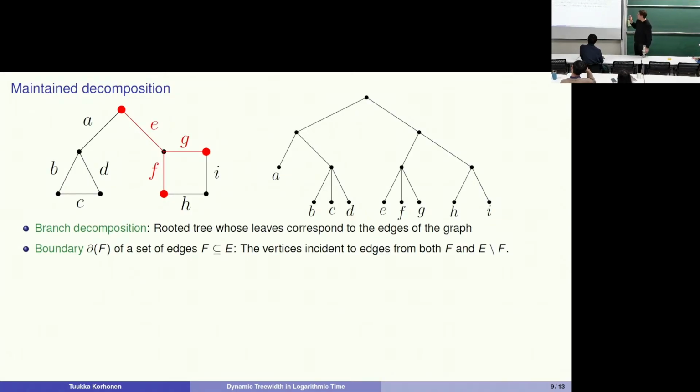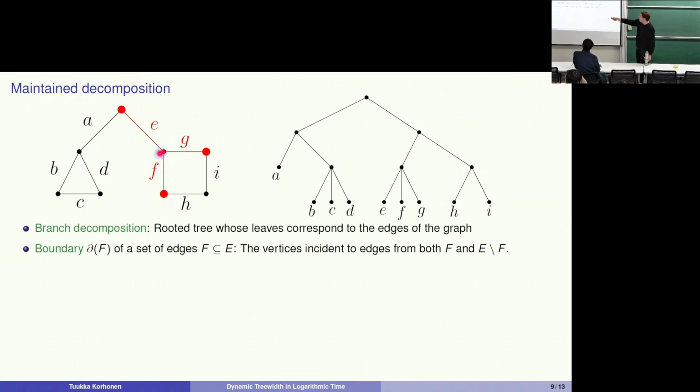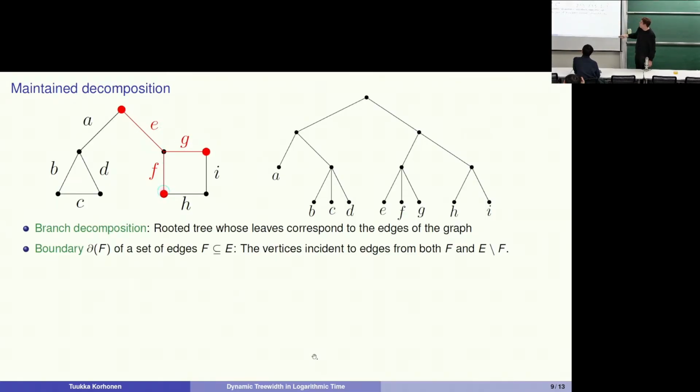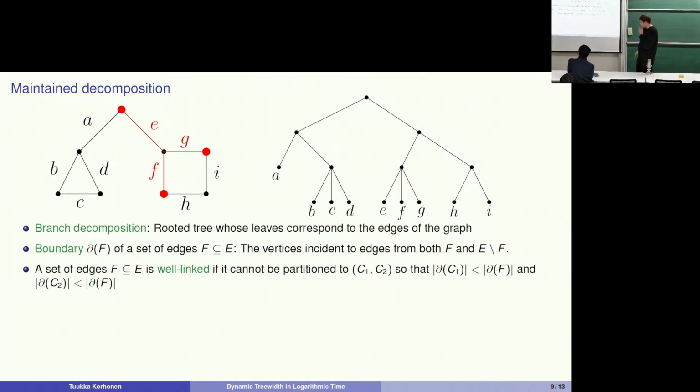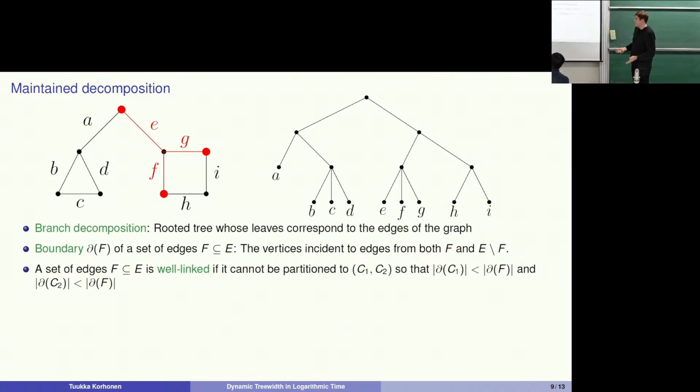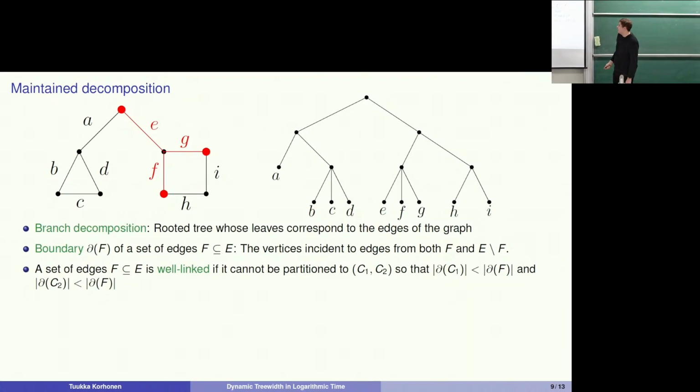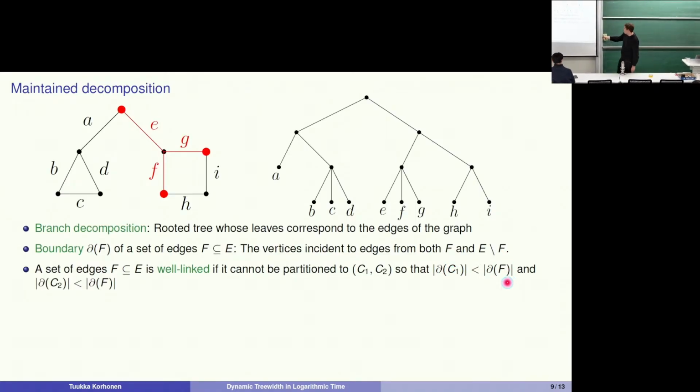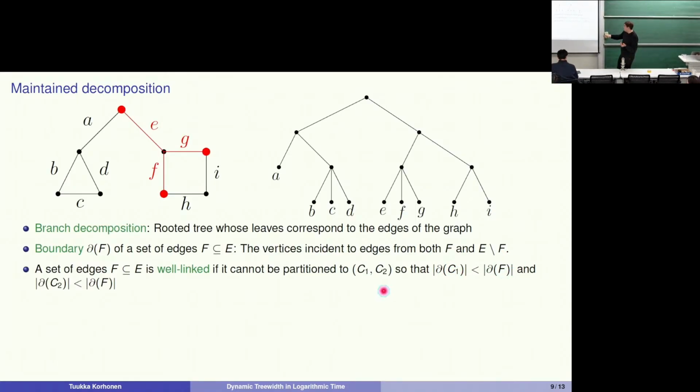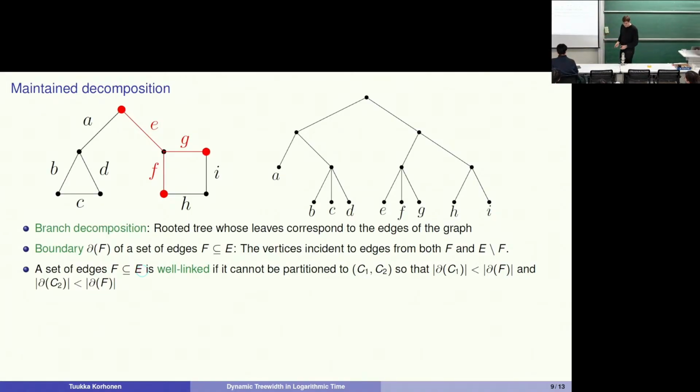The middle one is not on the boundary because all of its adjacent edges are in red. And then I say that the set of edges f is well linked if we cannot partition the set of edges into 2 parts, C1 and C2, so that the boundary of C1 is smaller than the boundary of f, and the boundary of C2 is smaller than the boundary of f.